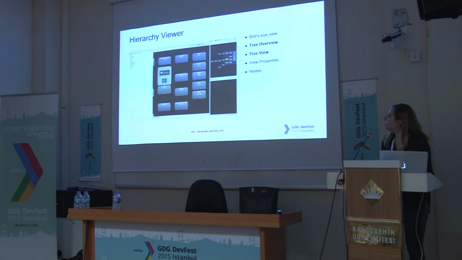There is a tree view and a tree overview. When you move that gray rectangle, which is on the tree overview, you can change the area you see on the tree view. And by clicking the view properties tab, you can see the selected node's properties.